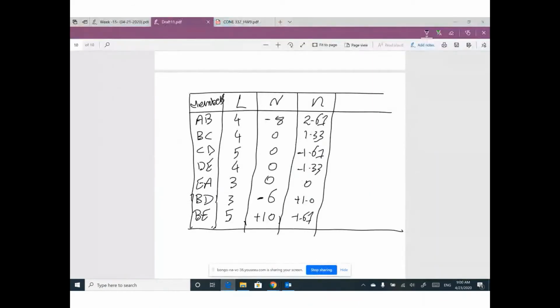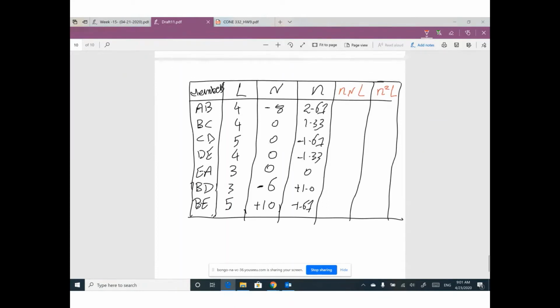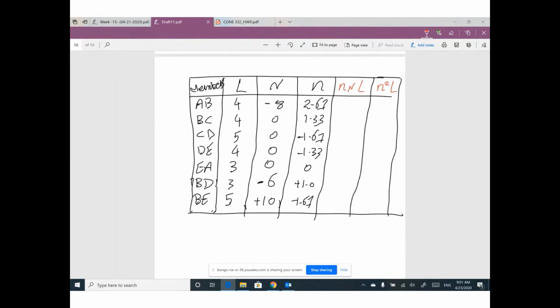Go ahead and set up another 2 columns. The first one will be small n, capital N, L, small n times capital N times L. If you multiply the first one, 4 times negative 8 times 2.67, your value will be negative 85.4.